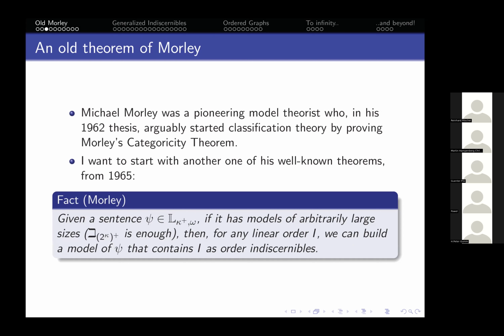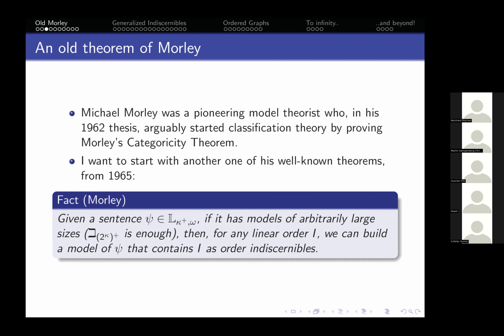So Chang extended Morley's proof, and I called this Morley's omitting types theorem and Chang's generalization of it. We don't see omitting types here, but another result of Chang says that these classes axiomatized by infinitary conjunction and disjunction, you can change the language in some inessential way and turn it into a type omitting class.